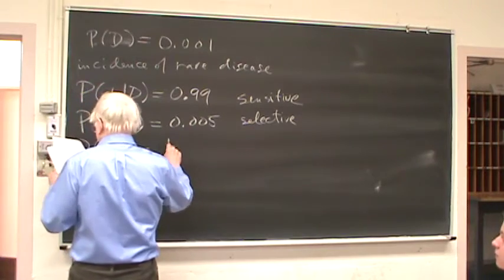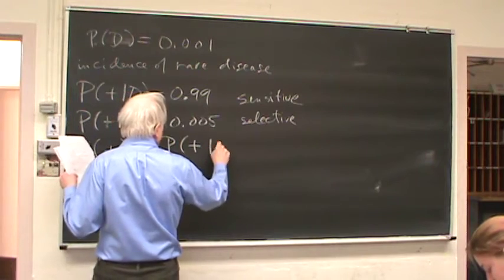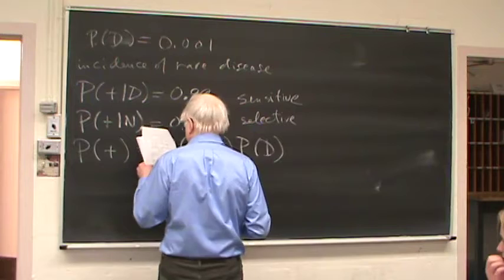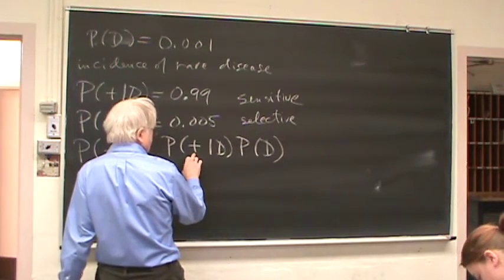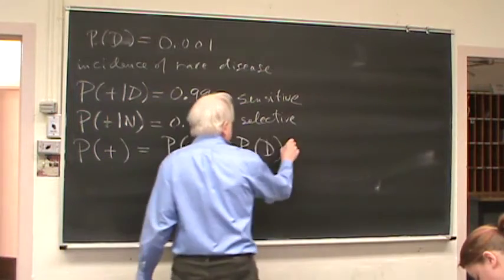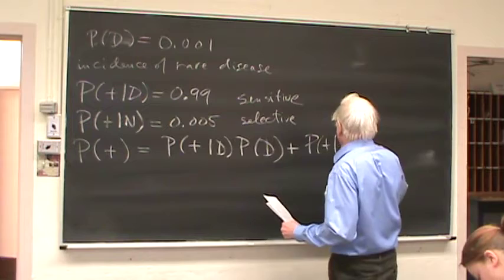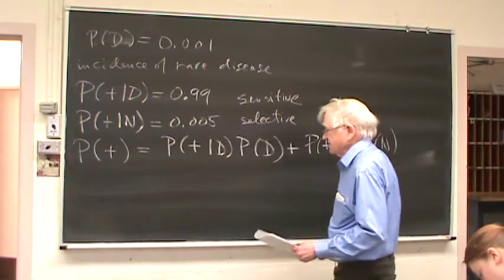Well, it's going to be the probability that the person is diseased, times the probability of a positive result given disease, plus the probability of a positive result given not having the disease, times the probability of not having the disease.